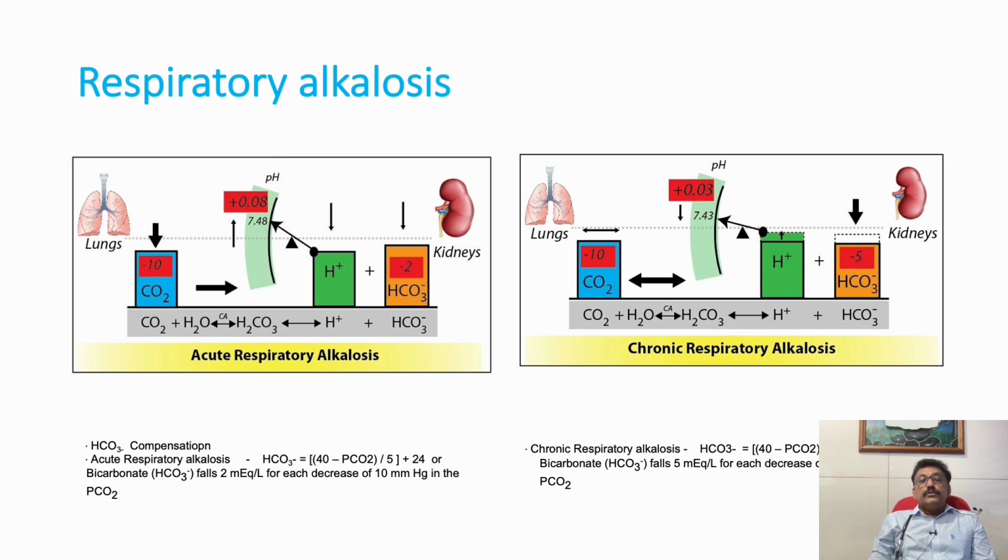You can see here, in acute respiratory acidosis the compensation is a reduction in bicarbonate. For every 10 change of carbon dioxide you can get a change of bicarbonate by 2, whereas in chronic respiratory disorders, a 10 change in carbon dioxide equals a bicarbonate change of 5.